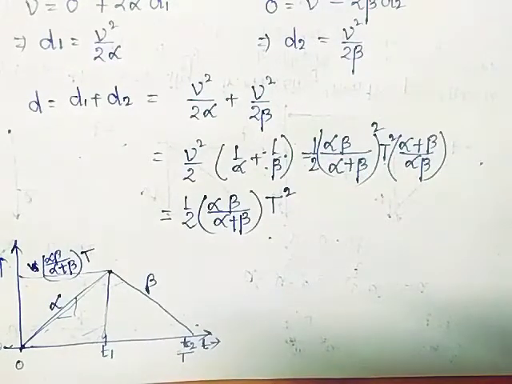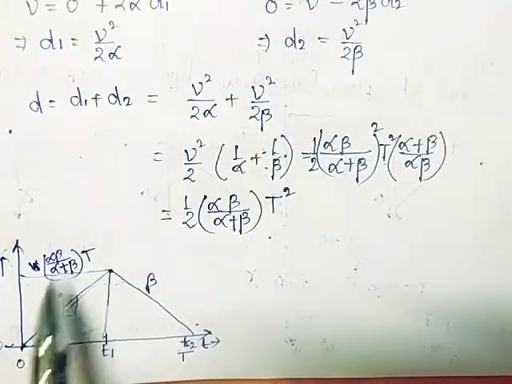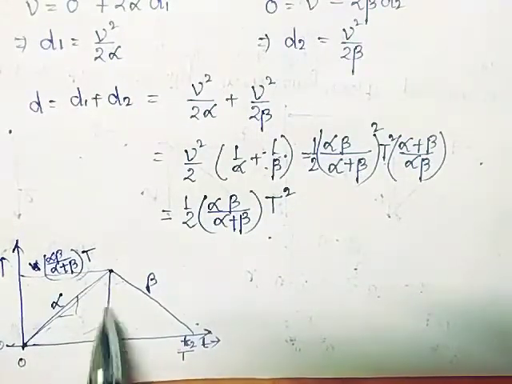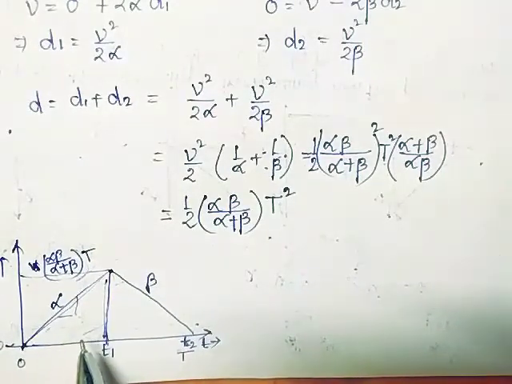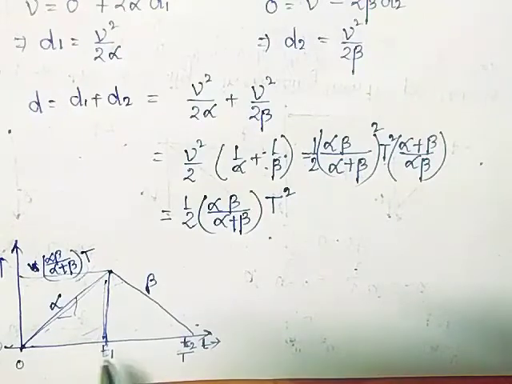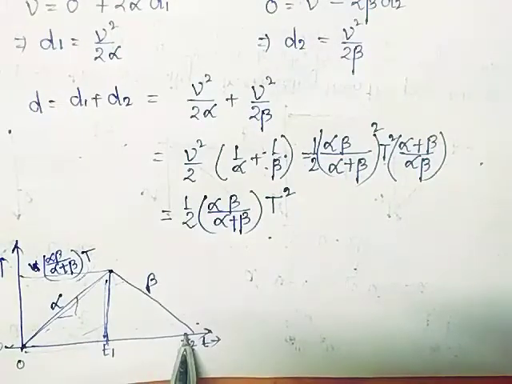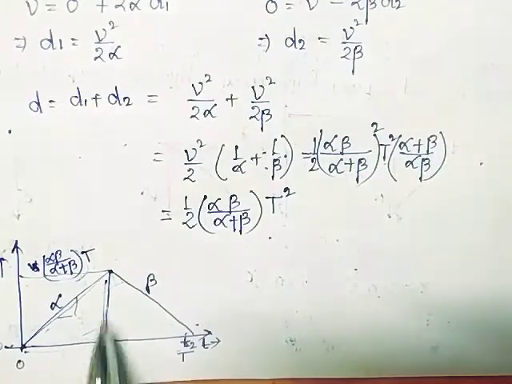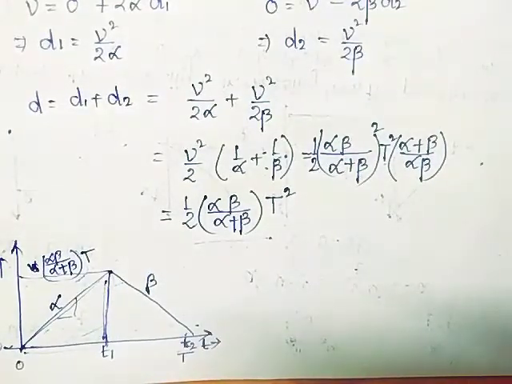We have done this. If you look at this, this is Vmax, the value alpha into beta divided by alpha plus beta into T, and the base is capital T, into 1 by 2. So 1 by 2 into base into height is satisfied. What we did previously by graphical analysis is also satisfied here.